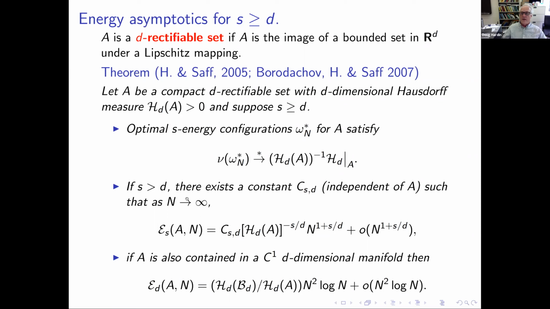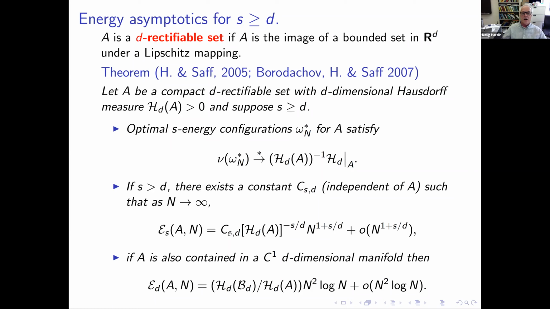If S is bigger than D, then we can show that now the dominant term is n to the 1 plus S over D, which would be larger than an n squared term. We don't yet know what might be next. That is going to be tricky for us.